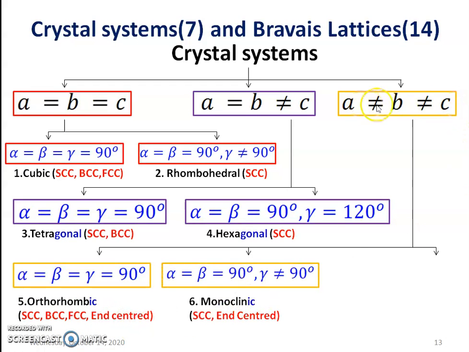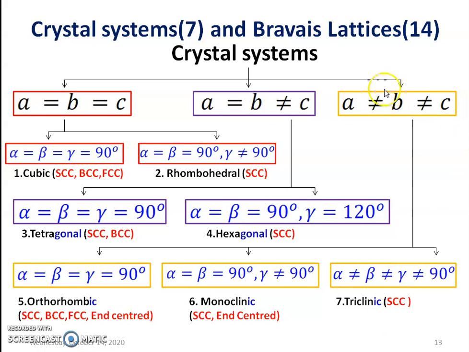Another possibility for this crystal system with all three edges different is alpha and beta equal to 90 degrees, gamma not equal to 90 degrees, or any of these three angles may be different. Such a crystal system is called monoclinic, and the monoclinic crystal system has two Bravais lattices, primitive and end centered.